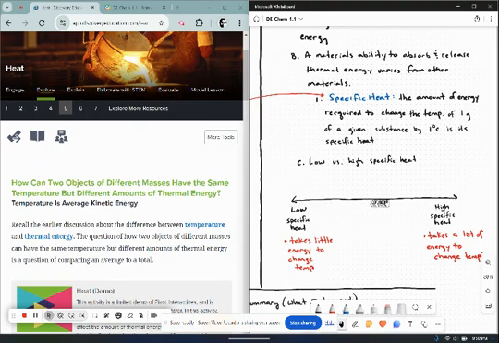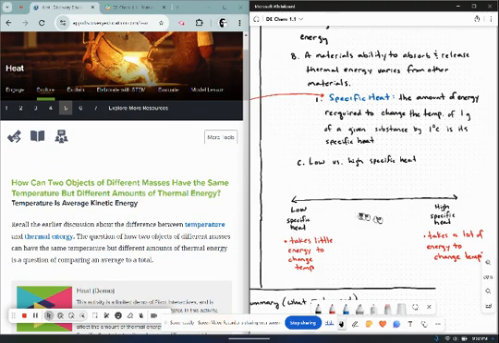You can see this long line down here. On one end, you can have low specific heats, and over on the right-hand side, you can have high specific heats. If you have a high specific heat, it's going to take a lot of energy to change your temperature. If you have a low specific heat, it's going to take very little energy to change your temperature.